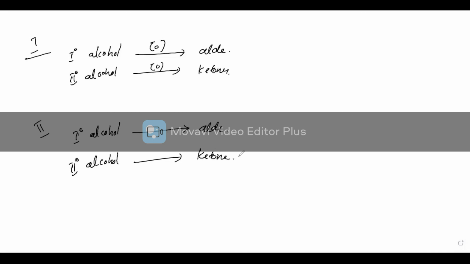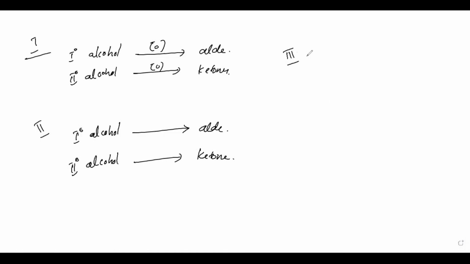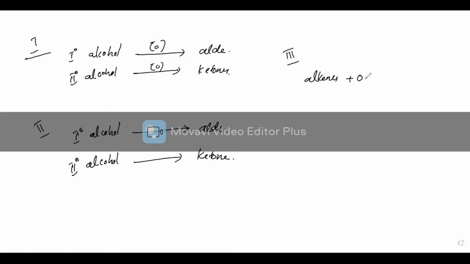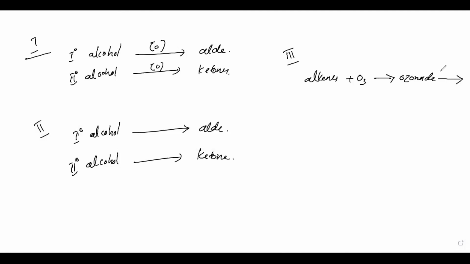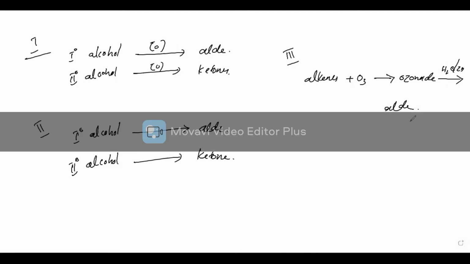Okay, and the third one is from hydrocarbons. From alkenes added with ozone, we get ozonoid. When the ozonoid undergoes hydrolysis in the presence of zinc, we get aldehyde. Clear?